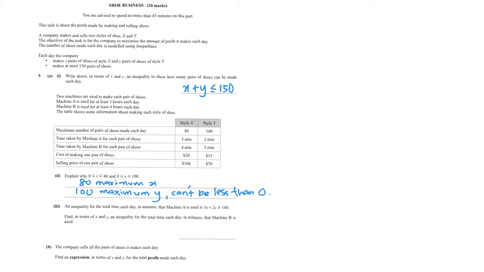Yeah. Okay, next question. An inequality for the total time in minutes. Machine A is 5x plus 2y greater than or equal to 180. Right, machine A here. So machine A is here, and machine A is also up here. So I'm going to highlight a bit here. Machine A and machine A. Okay, and here they said in minutes.